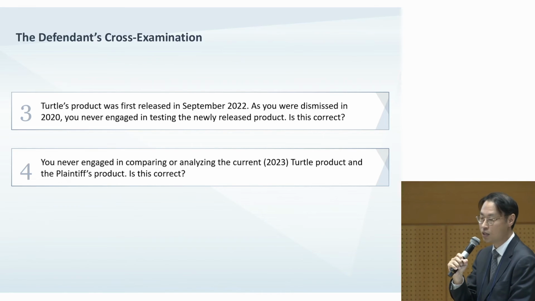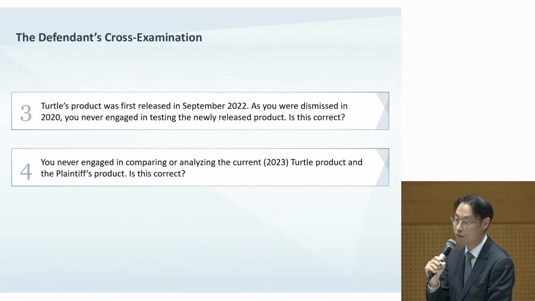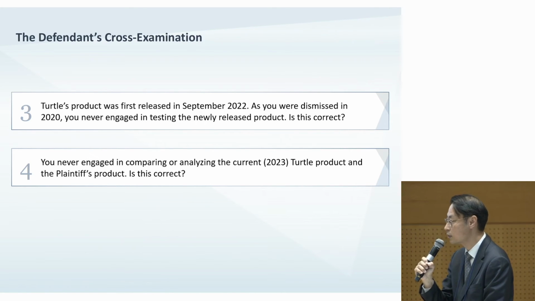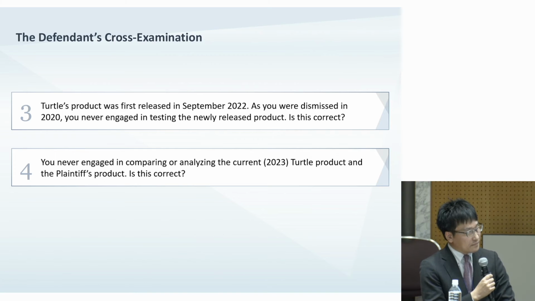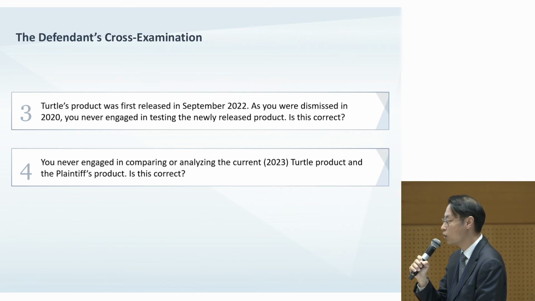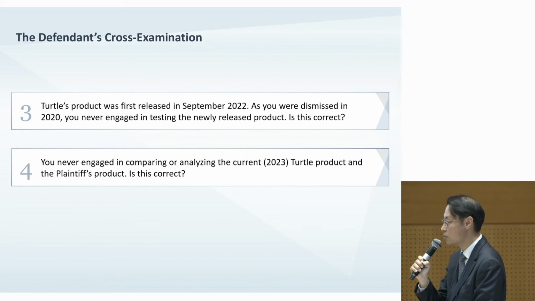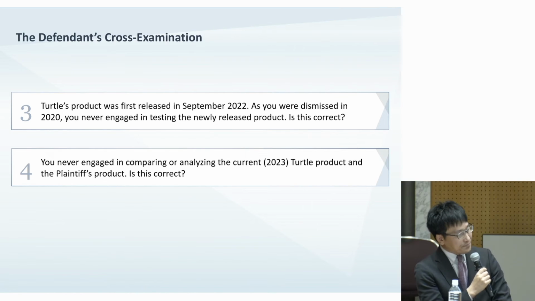So you never engaged in testing the newly released defendant's product. Is this correct? Yes. You never engaged in comparing or analyzing the current 2023 version of the Total product and the plaintiff's product. Is this correct? Yes.